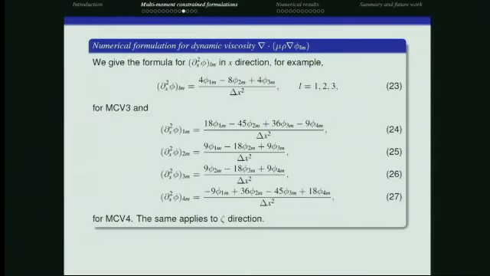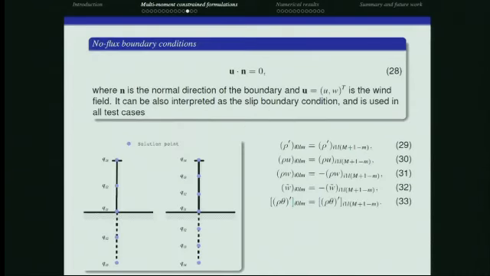This just gives some numerical formulations, because in our later tests we have to use dynamic quantities like that. This formulation is deduced from our interpolation polynomial. And for the boundary, that is the no-flux boundary used at the bottom of the model.